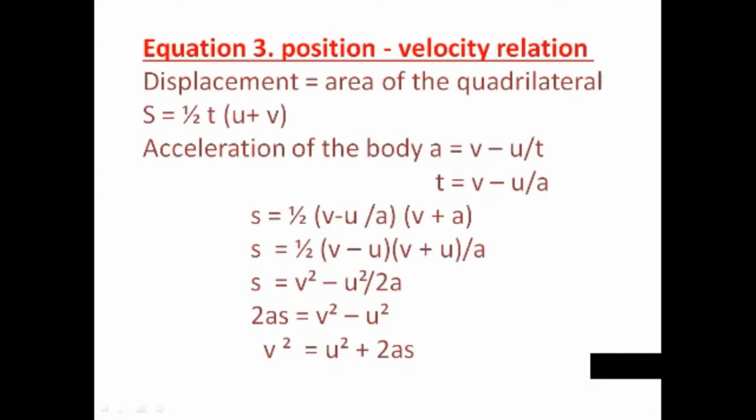The expansion of V square minus U square is V minus U into V plus U. So S is equal to V square minus U square by 2A.